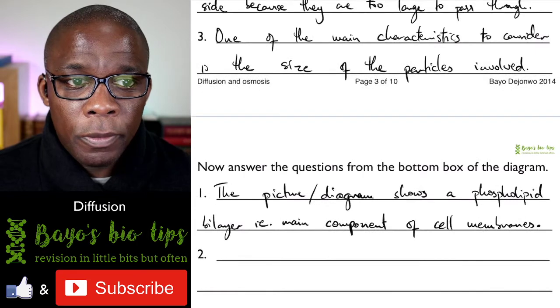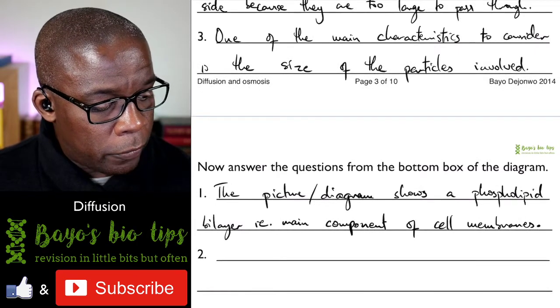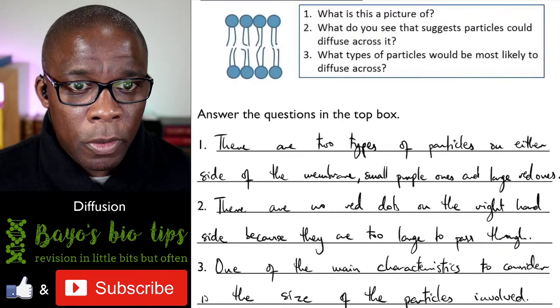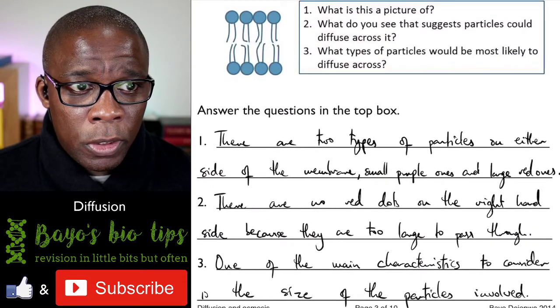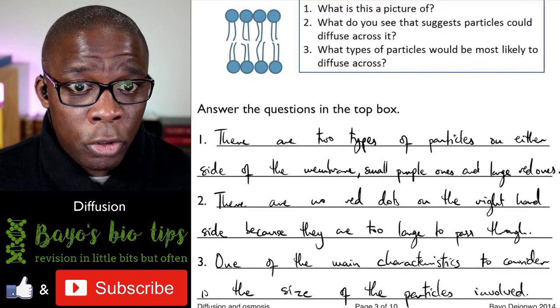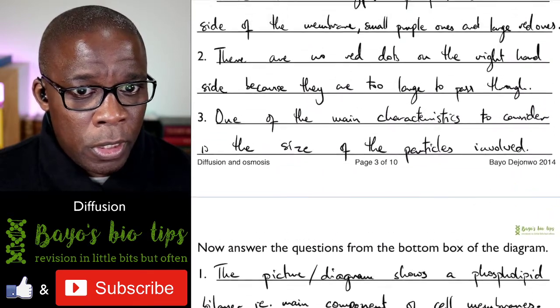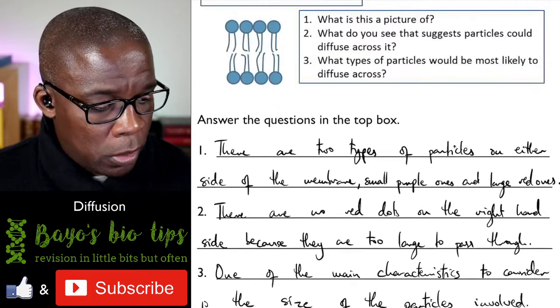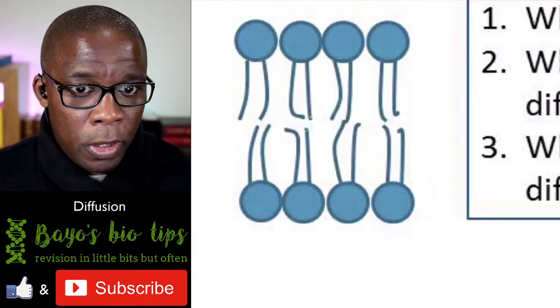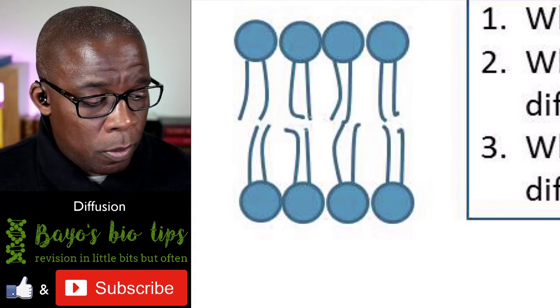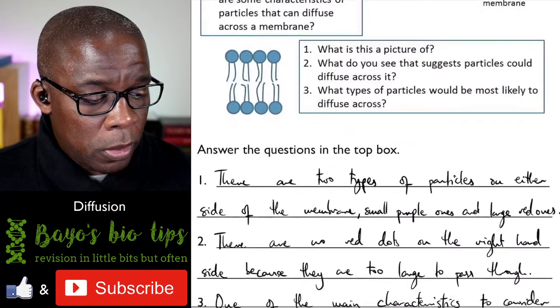Okay, so let's have a look up here, back at the questions. What do you see that suggests particles could diffuse across it? And you can see, if we look here, the particles can diffuse across, probably because there's space in between the phospholipids.